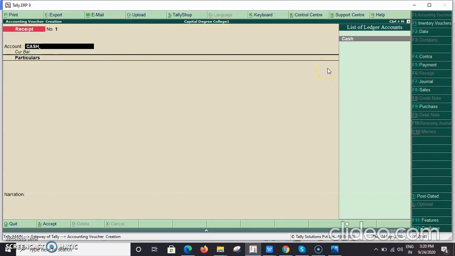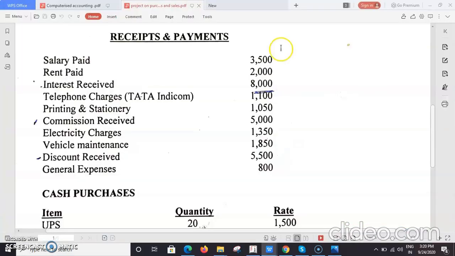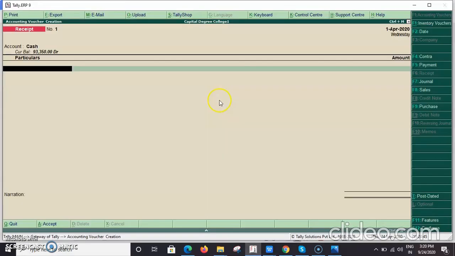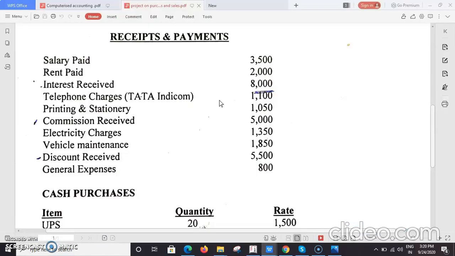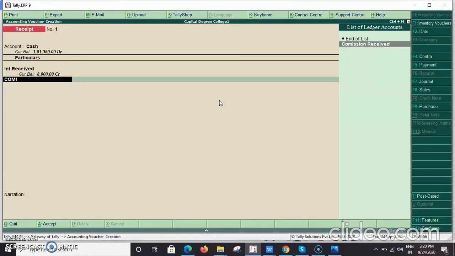Now next, receipts. Again cash. What are the receipts? Interest received, 8,000. Commission received, 5,000.